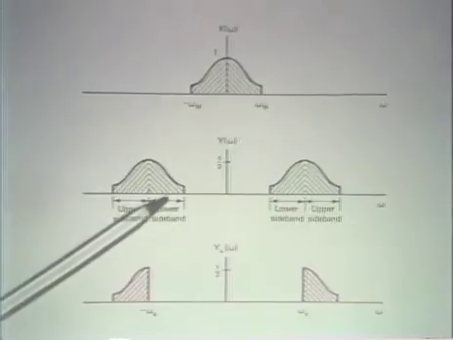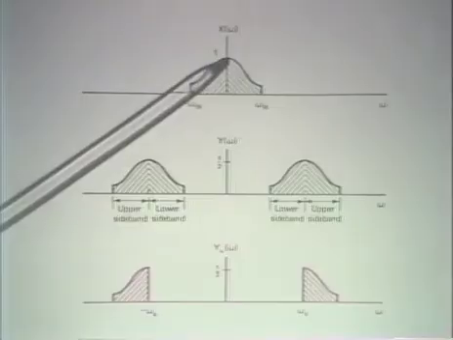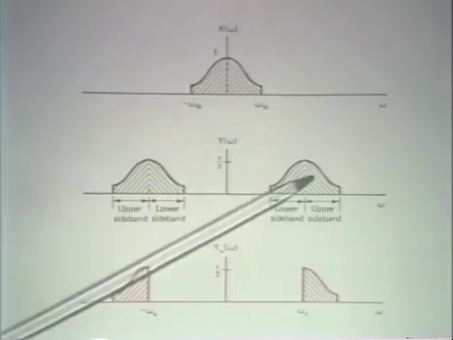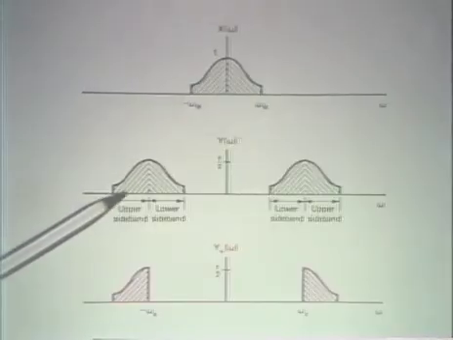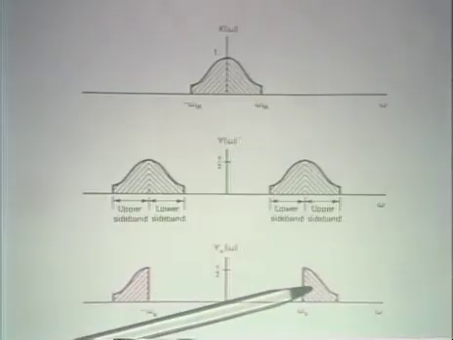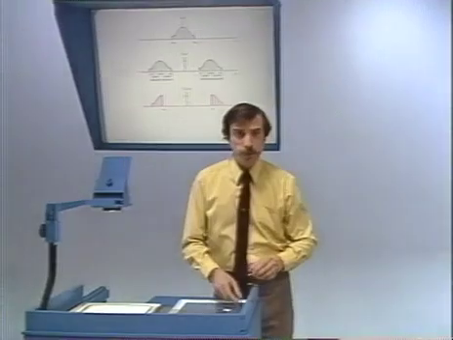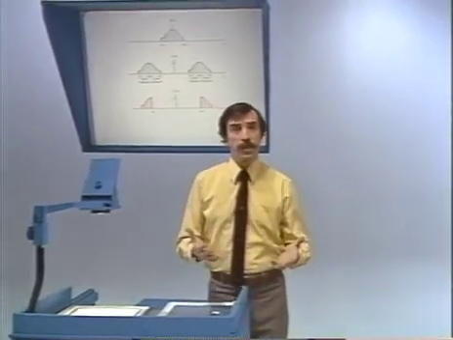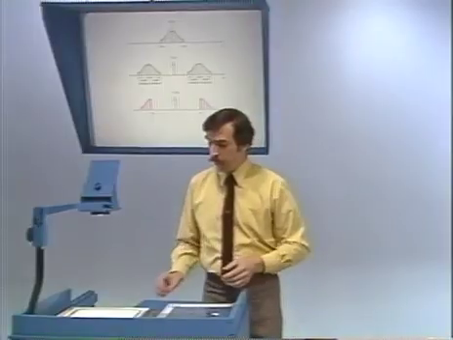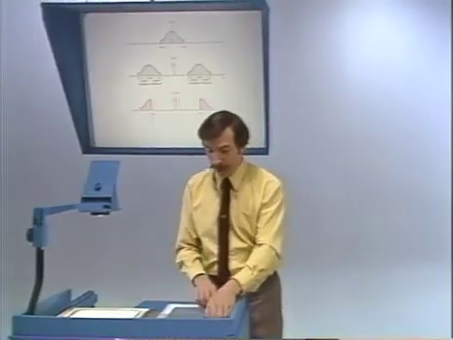In effect, what we've done is taken just the positive frequencies here, shifted them there, the negative frequencies here, and shifted them here, and the resulting spectrum is what I indicate below. Well, this, in fact, is what is often done, and it's referred to as single sideband.